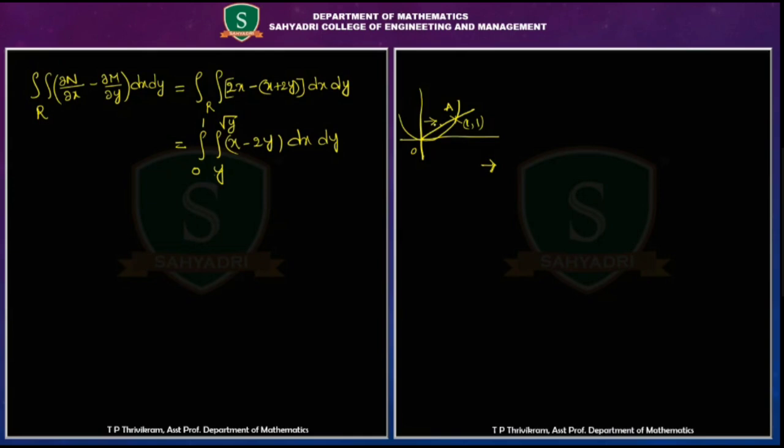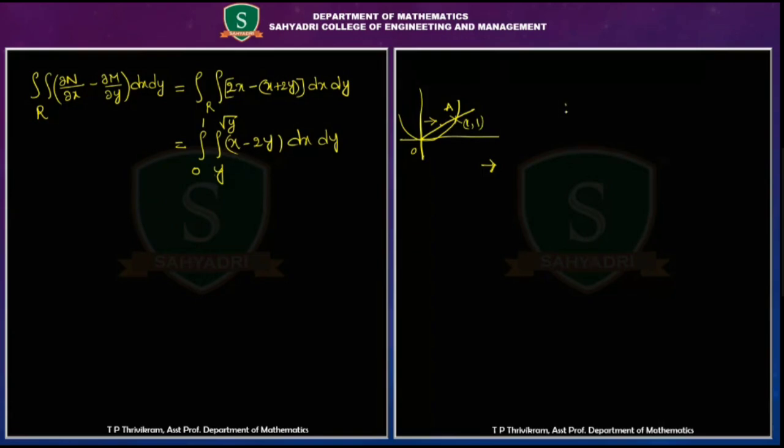That is what I said. Here you have to check in the horizontal manner. In the horizontal direction, the first curve is the line. Next we are getting this curve. So that's why you get y to root y.